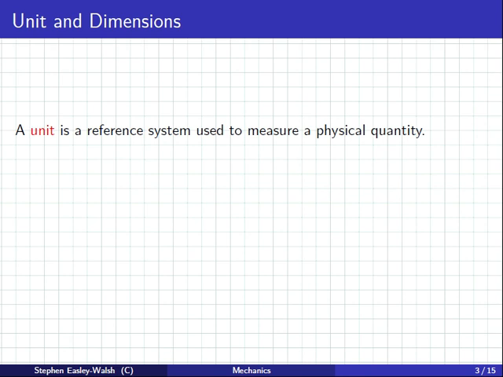Does anyone want to try and tell me what a dimension is? Any ideas? These are hard words to explain, huh?